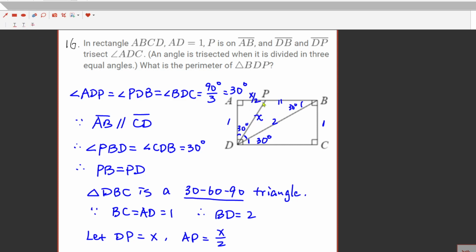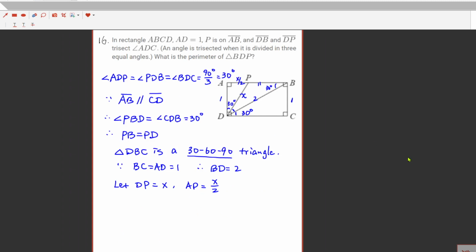So we just let that side be X, and therefore we have 1 plus (X over 2) squared equals X squared, which gives us 1 plus X squared over 4 equals X squared. And that gives us 3 over 4 X squared equals 1.